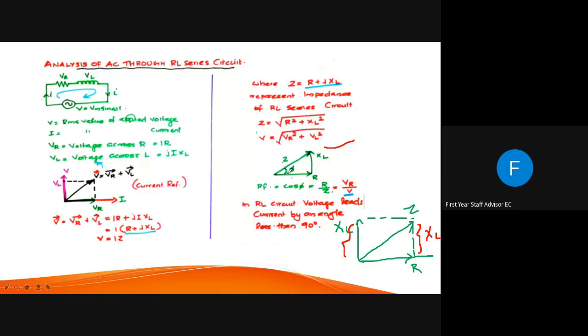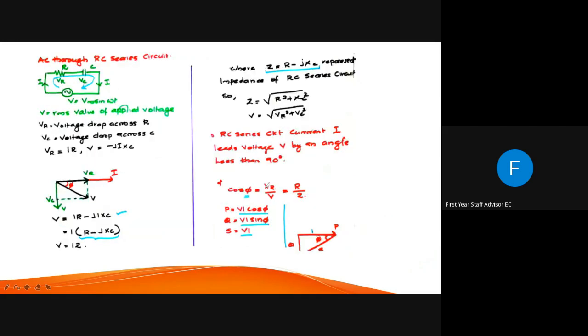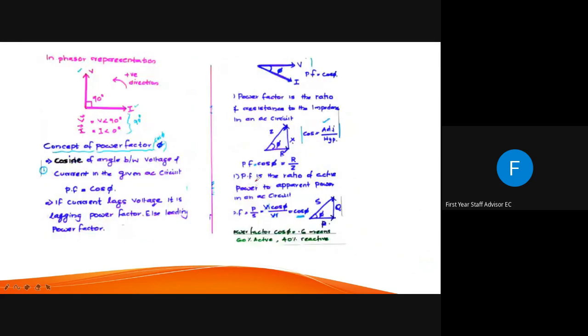Now I'm writing an angle phi over here, and the power factor is nothing but cos phi. How to take cos phi? It is the adjacent side by the hypotenuse, so R by Z. Power factor is the angle between voltage and current in a given AC circuit.